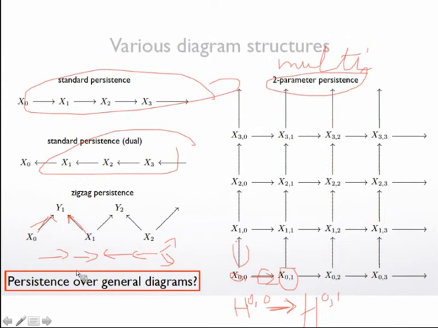So we frequently think about zigzag persistence and other types of persistence as directed graphs where our arrows are the directed edges, and our sets here are our vertices. Any questions over there?